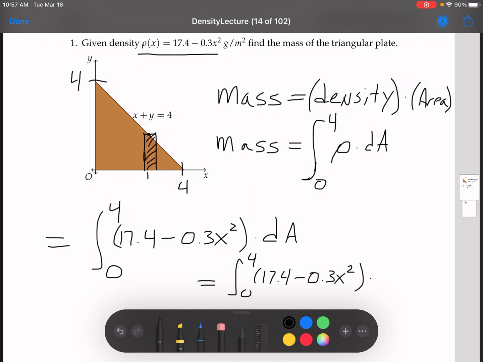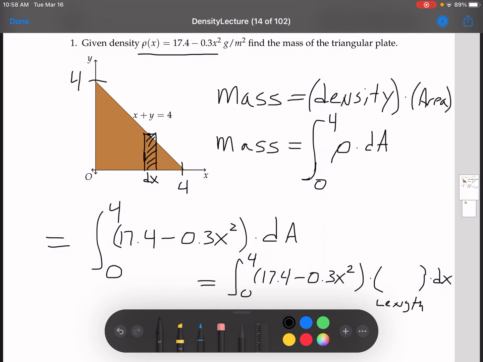Remember, dx is the width. So we'll have a dx, and we'll have something for our length, right? dx is our width, and our length is how far we go up for our rectangle there.